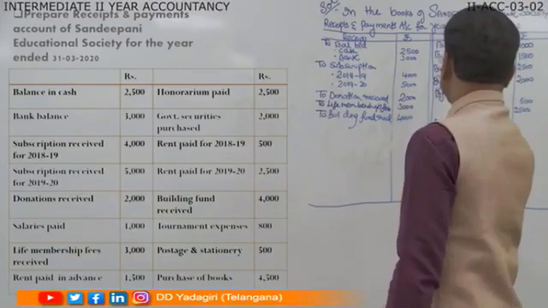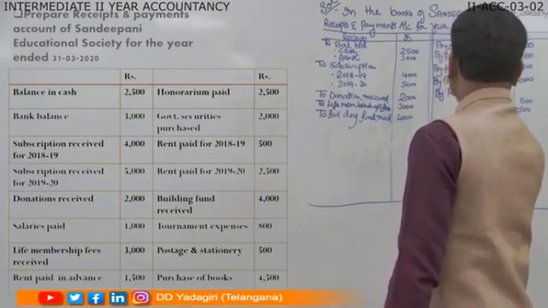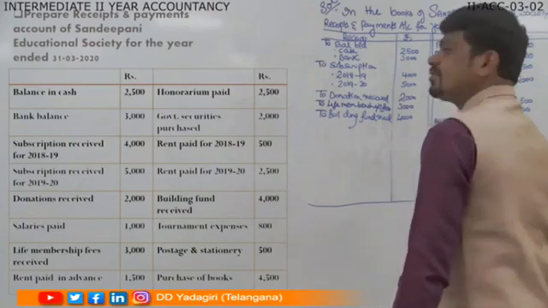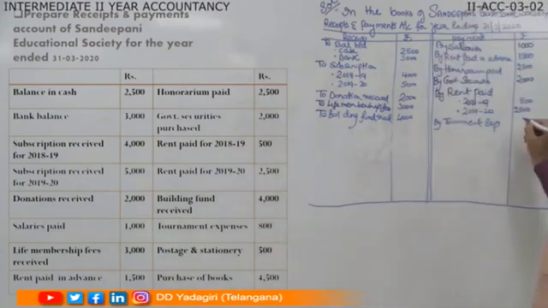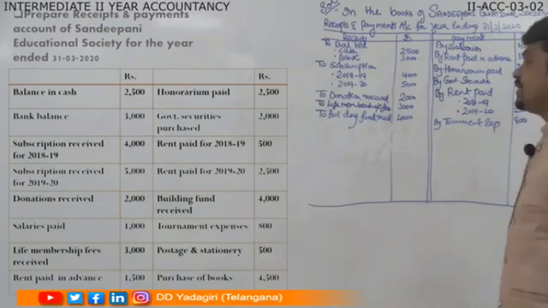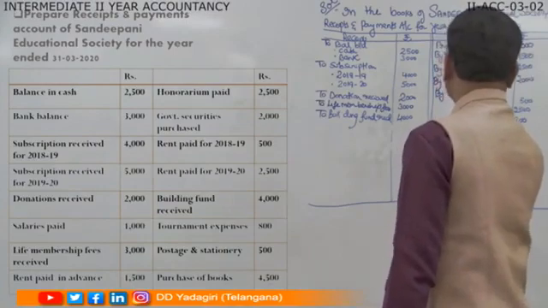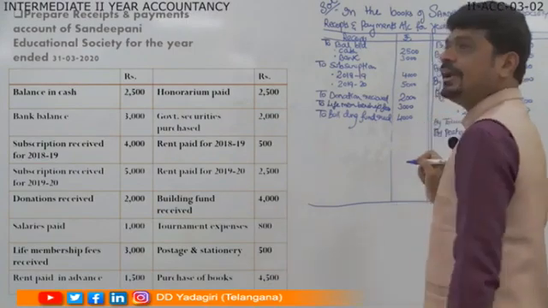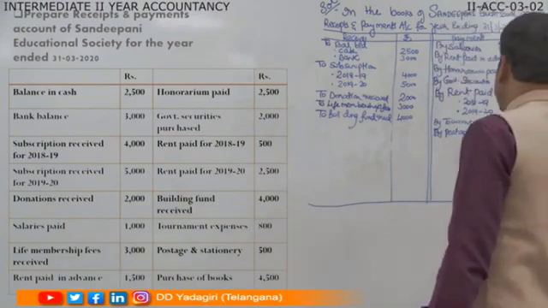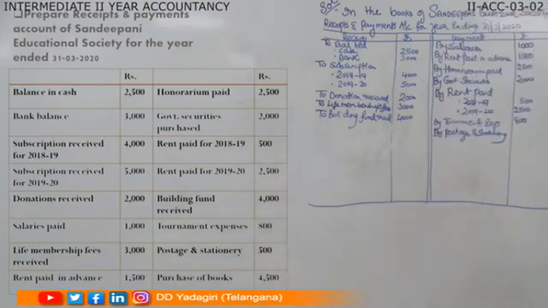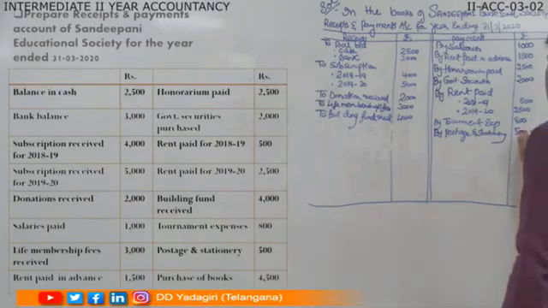Then tournament expense, payment. By tournament expense, rupees 800. Then postage. Postage is a payment, expenditure it is. By postage and stationery, they gave how much? 500.